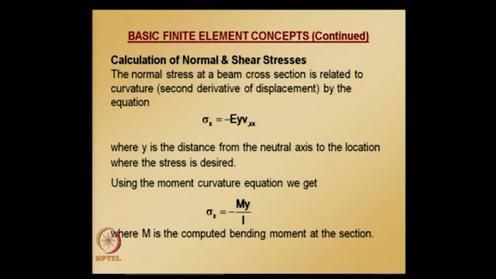We get sigma x is equal to minus M times y divided by I, where I is the second moment of inertia of the cross section. So, whether it is a concentrated load or distributed load, using finite elements we have seen how to calculate bending moments at any location in the beam. Once we get the bending moment at any location, we can use this equation and get the normal stress.